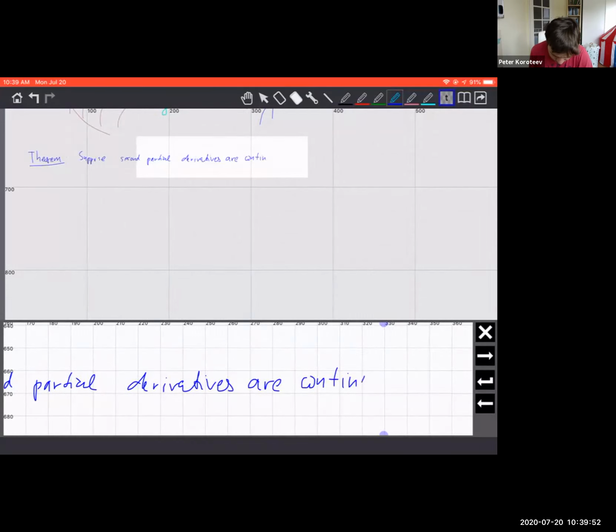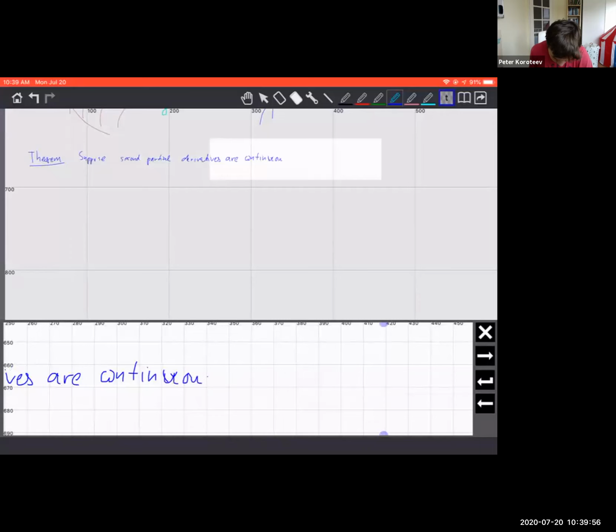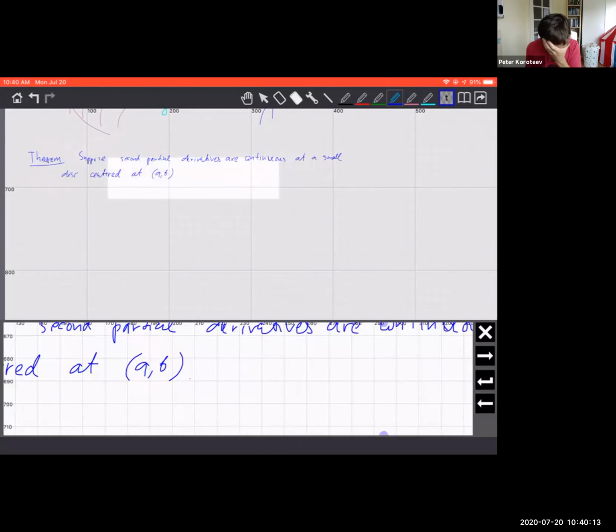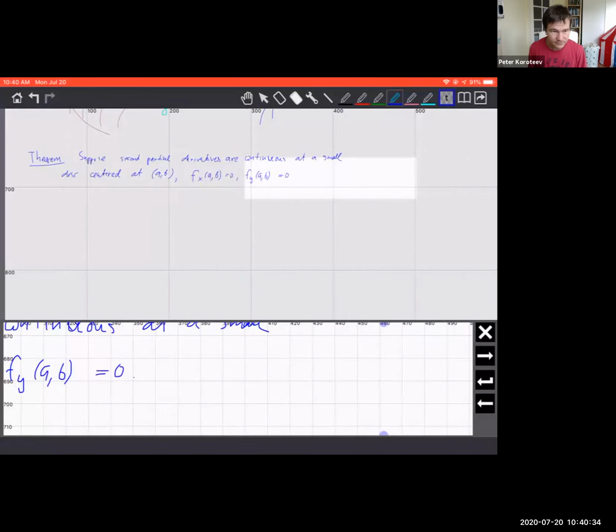So they exist and are continuous. And then suppose that the partial derivatives fx of AB is equal to 0, and fy of AB is equal to 0, the first partial derivatives. So therefore, f of AB is the extremum.